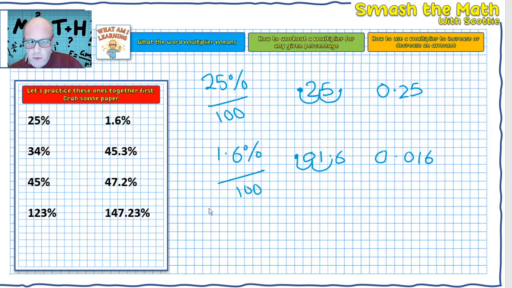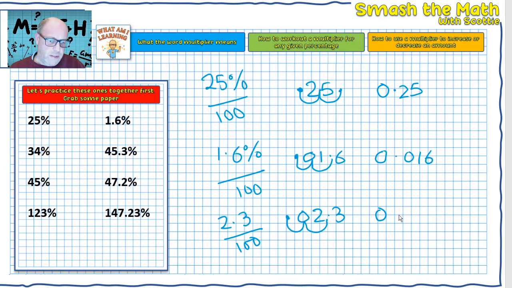And let's do one more. I'll do another one like that. Let's do 2.3%. So turn it into a multiplier, divide it by 100. So we're going to go 1, 2, fill the gap. So we've got 0.023. Okay, and that's 2.3%.